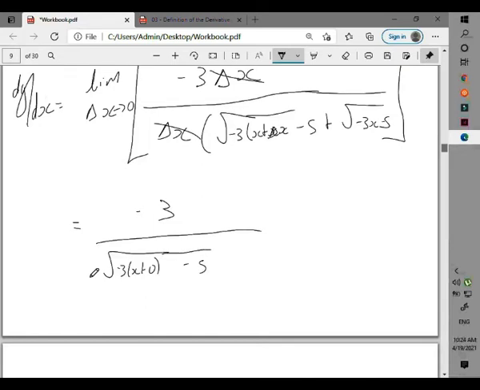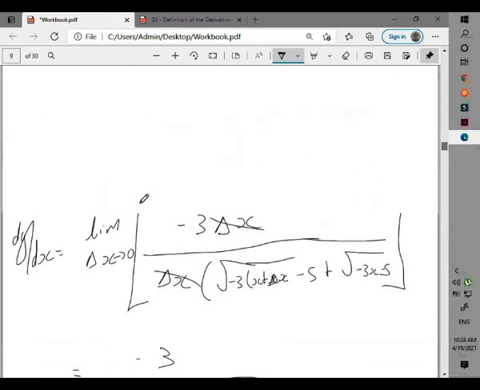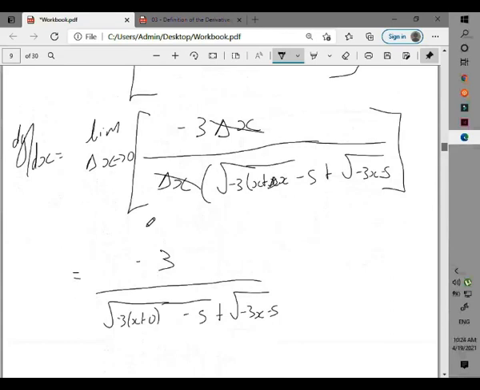I have to go back over and make sure I have this written out how it's supposed to be. So I could write this right across here, which is minus 3 over the root of minus 3x minus 5 plus the root of minus 3x minus 5.